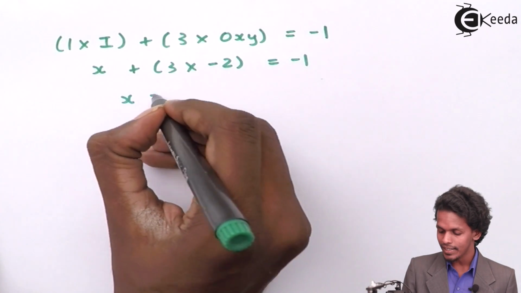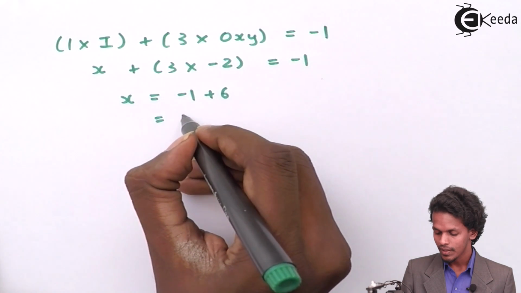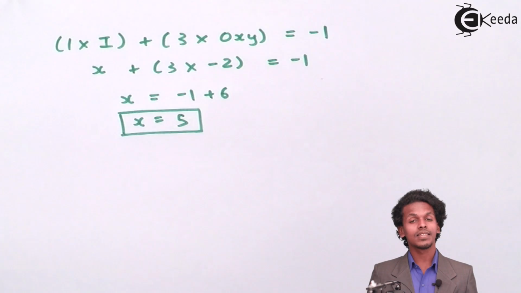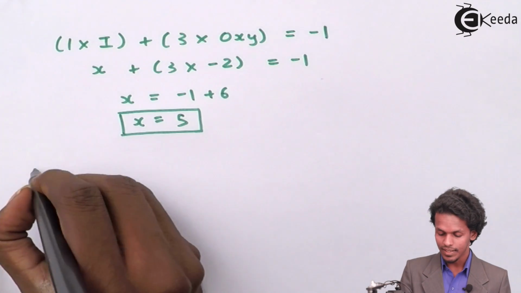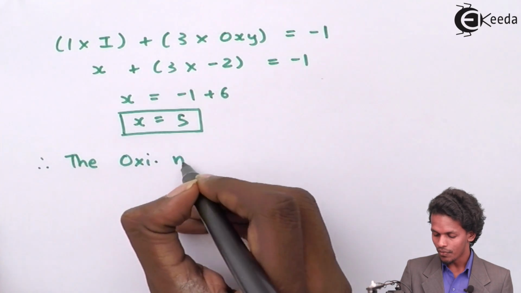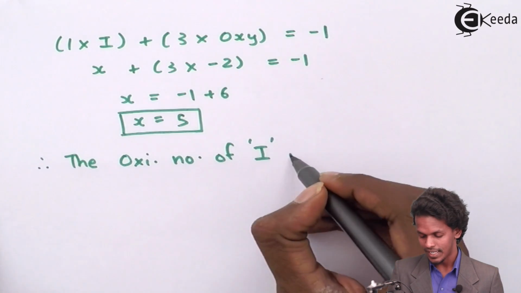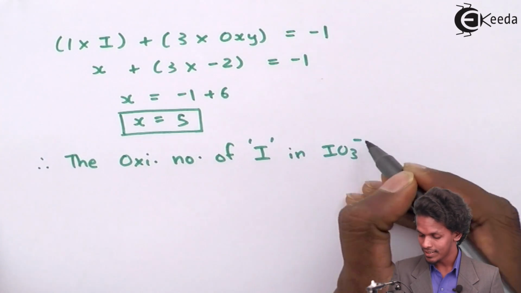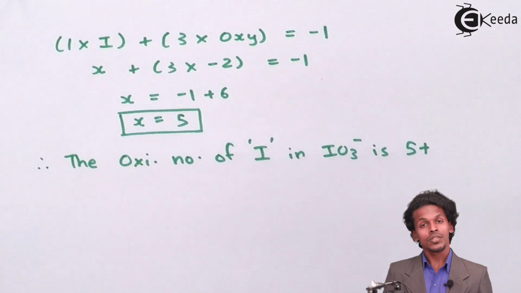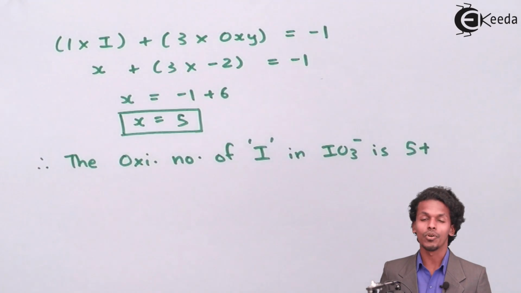So I could get the answer as X equals 5. This is the oxidation number of iodine. Therefore, the oxidation number of iodine in IO3- is 5+. This is how we have calculated the oxidation number of the reactant molecules.